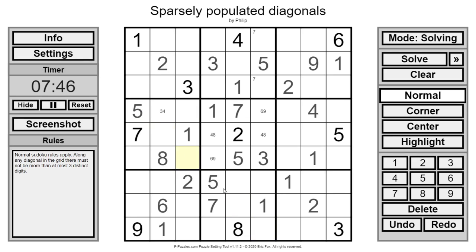We know that these 4 cells must be 2 numbers. No more than 2 numbers anyways. We can get 5 down here somewhere. Some of the diagonals are quite small.